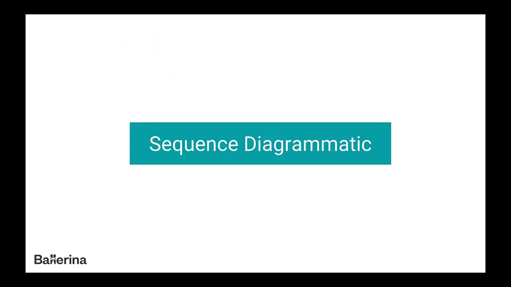And another main concept of the Ballerina language is sequence diagrams. So I have shown you a few sequence diagrams earlier to show some scenarios, because that's the natural way of showing a flow of what's happening when multiple systems are in use.